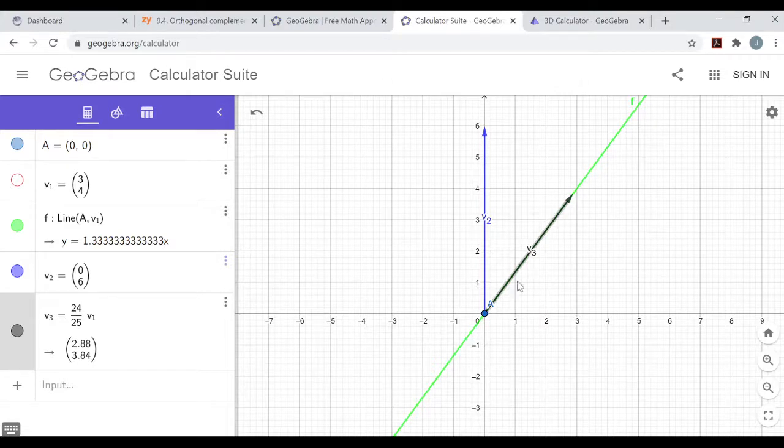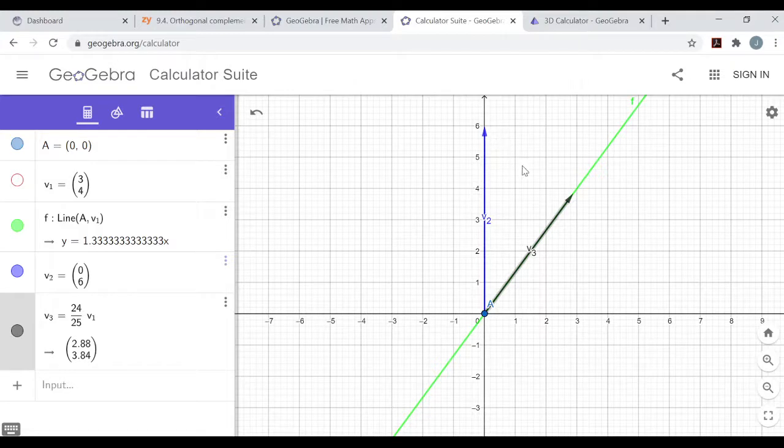This vector is the closest vector in W to the vector V2. If you took the distance between these two tips, that's the shortest distance possible from the tip of 0, 6 to any point on the set W, on the green line. That is the shortest distance from the tip of the blue vector to the green line.